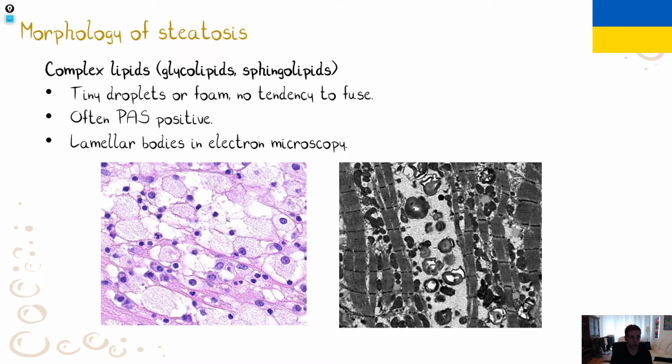In these situations, you can very often see so-called lamellar bodies in electron microscopy, which means that those accumulating lipids tend to create something that resembles myelin sheath. This, for example, was the heart of the patient with Fabry's disease, which is an example of inborn error of lipid metabolism.